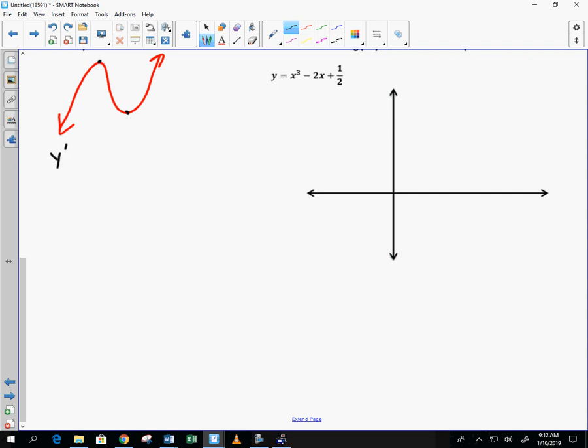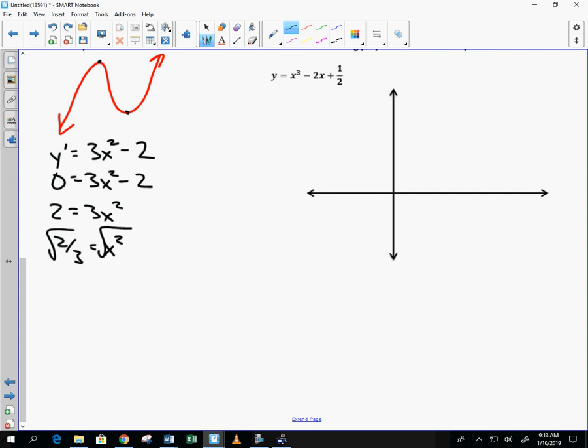So I have y prime is equal to 3x squared minus 2. Set that equal to 0. 0 equals 3x squared minus 2. And I get 2 is equal to 3x squared, or 2/3 is equal to x squared. I root both sides.